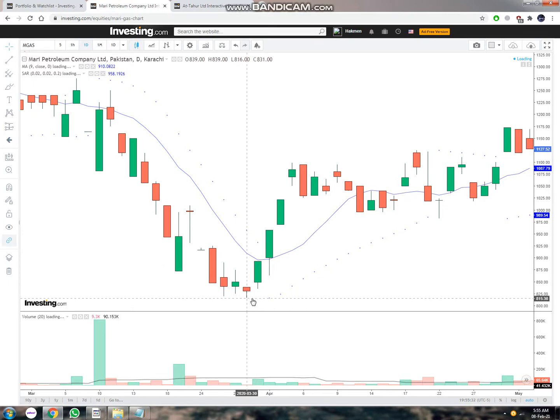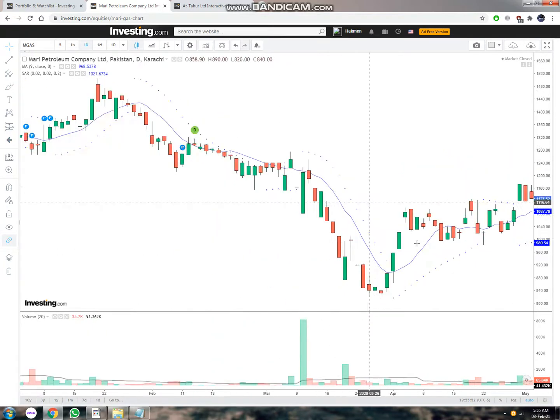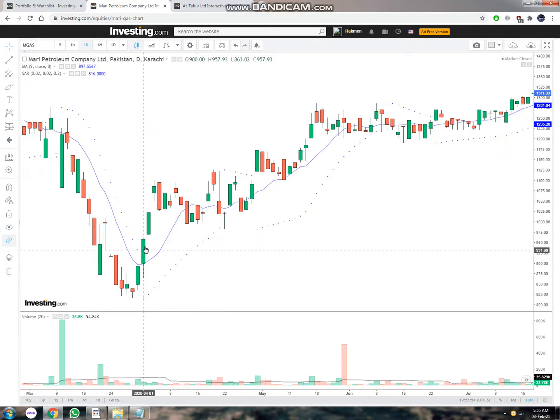The end of the wick is the lowest low of this candlestick, and then the bulls pushed it back up, closing much higher than the low of that day. The next day is a bullish candlestick, and now the trend was bullish up till this level. Whenever these types of candlesticks occur, it means it is a bullish candlestick. This was also a bullish candlestick, but in a downtrend. Now this is in an uptrend.